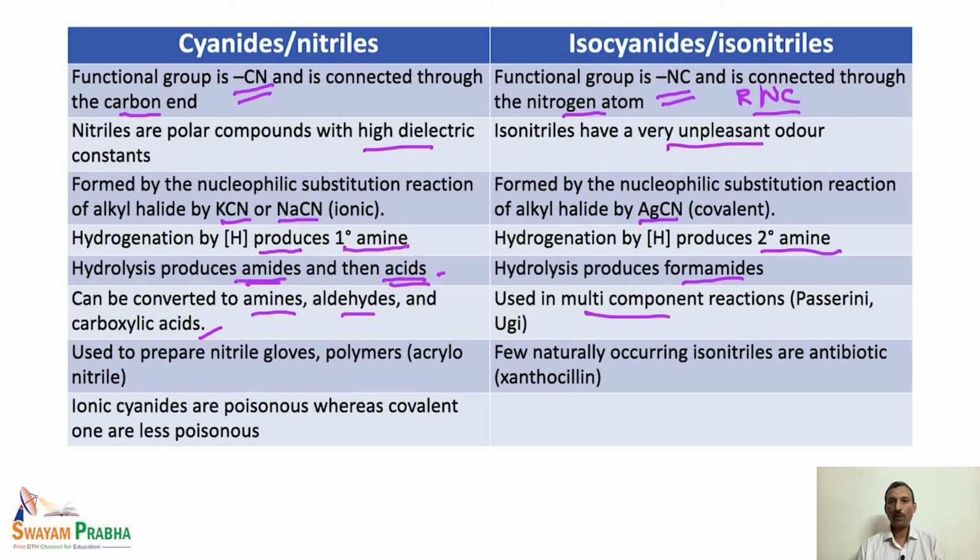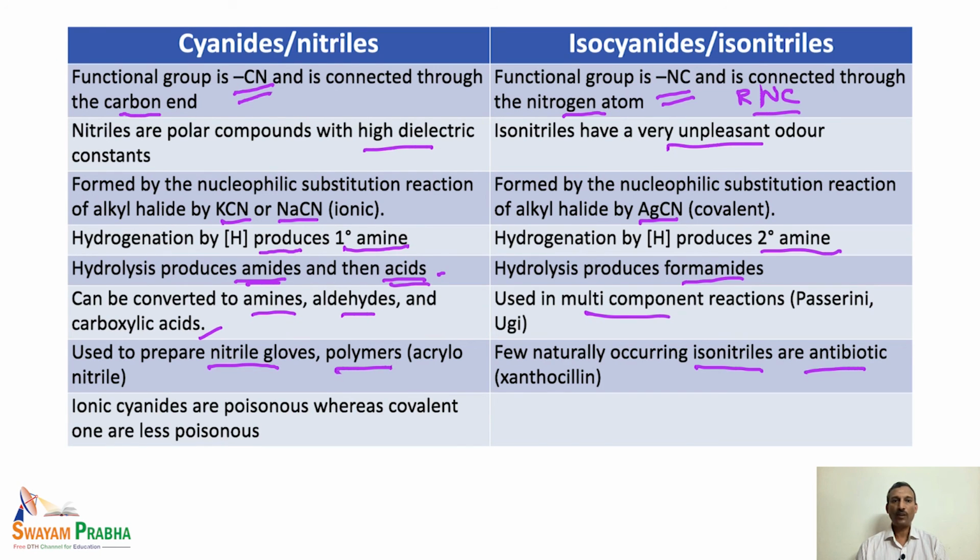So, the multi-component reaction uses isocyanide as one of the substrates, and we can also look at the applications of cyanide. Nitrile gloves and polymers have cyano compounds as a starting material. The cyanides can be used to prepare nitrile gloves and polymers, especially acrylonitrile type polymers. In the case of isocyanides, there are a few naturally occurring isonitriles which are antibiotic compounds.